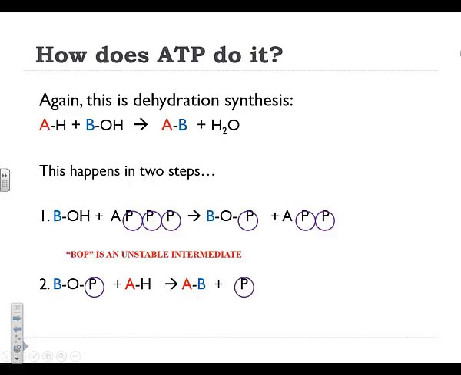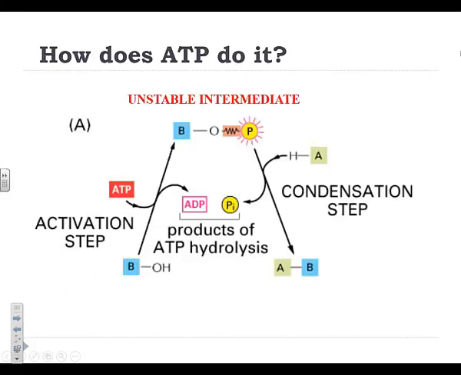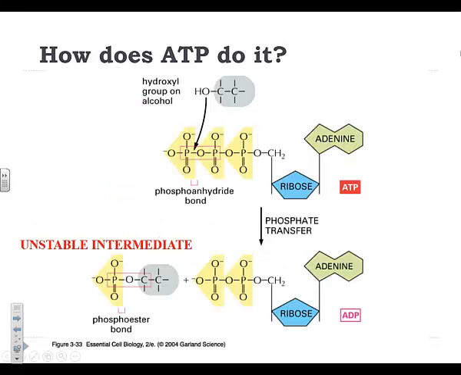All right, so I mentioned ATP is not the only ACM, or activated carrier molecule, that can help unfavorable reactions proceed. So in the interest of time, I'm not going to go over the actual covalent bond that occurs as the intermediate.